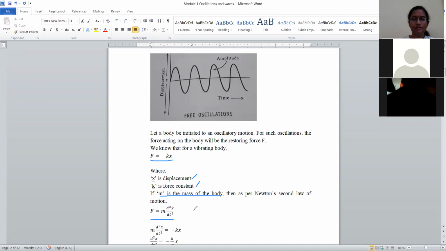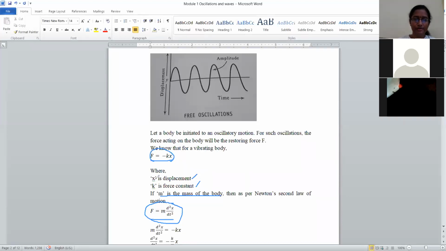So acceleration is the second order derivative of displacement. x is displacement, dx by dt is velocity, and d square x by dt square is acceleration. So we have this equation and we have that equation.